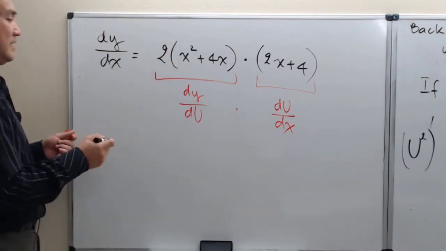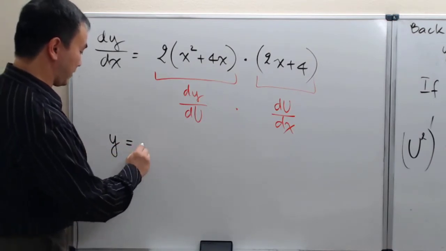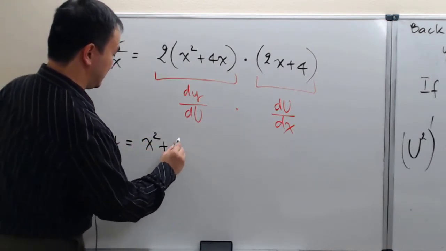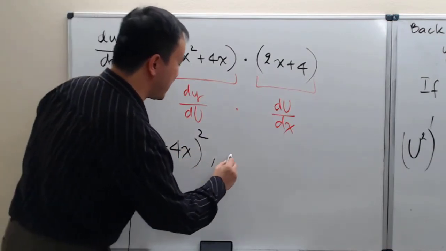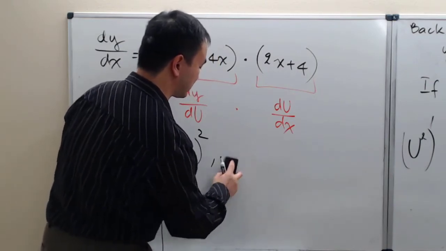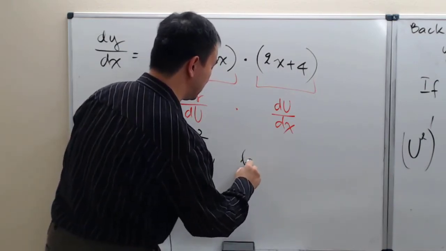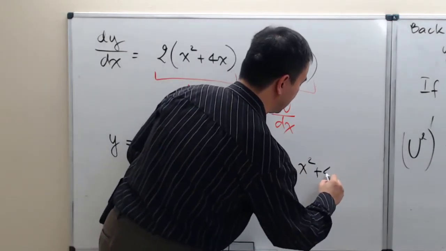You see, in our problem, we start out with y equals (x squared plus 4x) in parentheses, right? And then we made a substitution, and we let u equal x squared plus 4x.